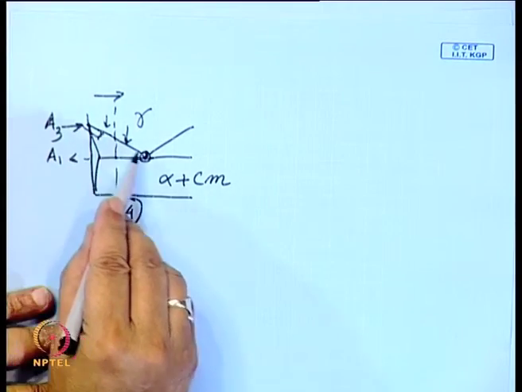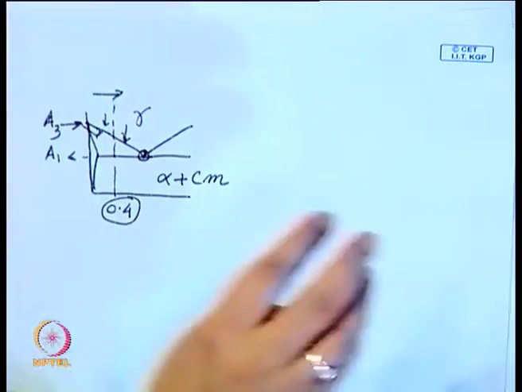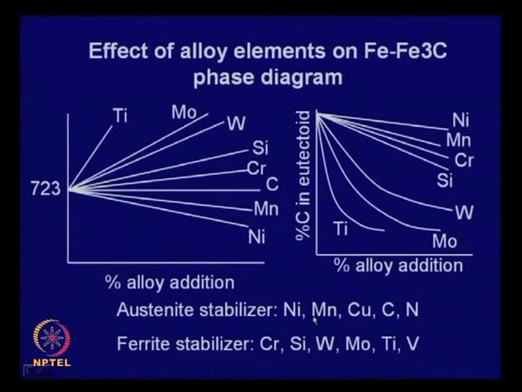Nitrogen also has a similar effect, and all these alloy elements which are listed here make austenite stable. In fact, there are certain grades where austenite can be made stable even at room temperature with a relatively high amount of nickel or manganese.